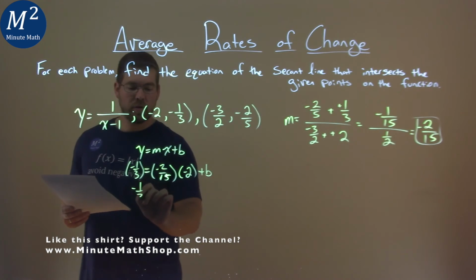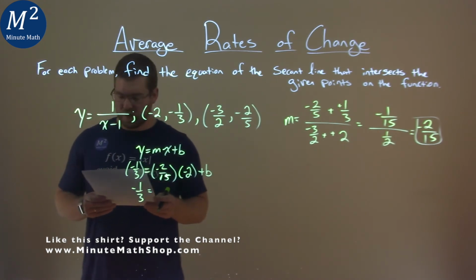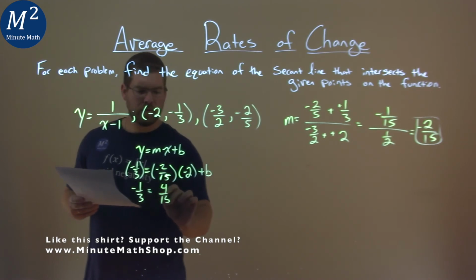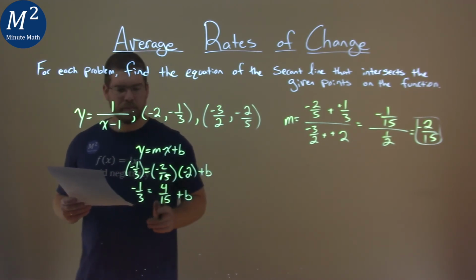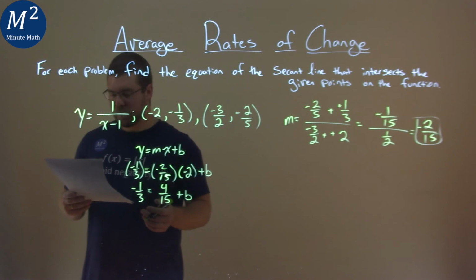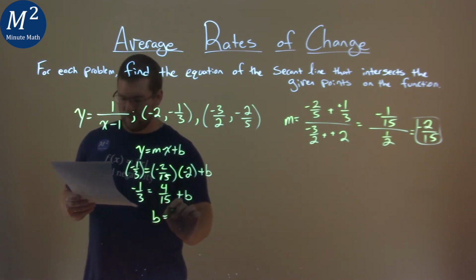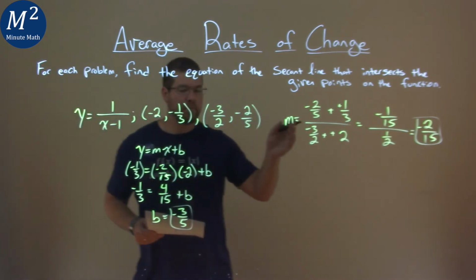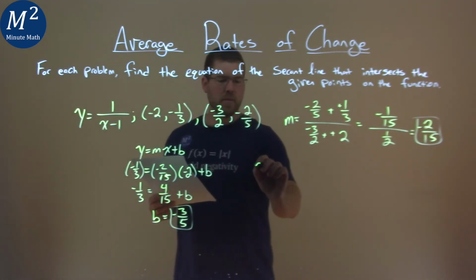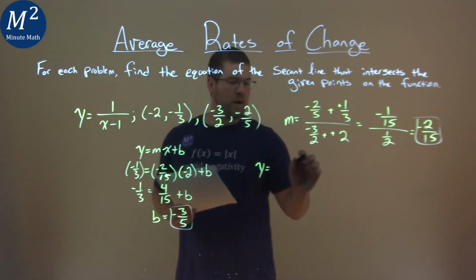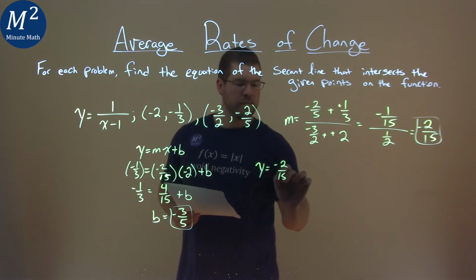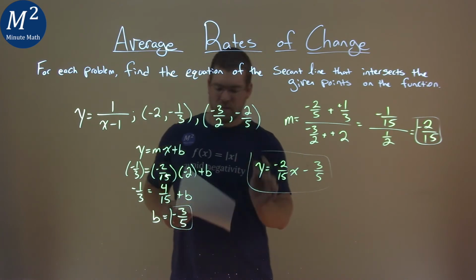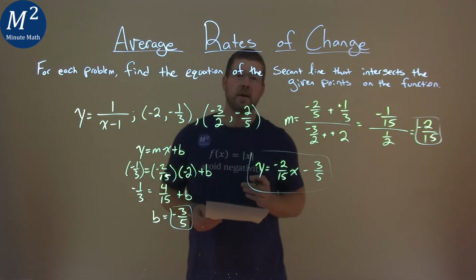We have negative 1/3 here, and negative 2 over 15 times a negative 2 is a positive 4 over 15. We add the b. We subtract 4/15 from both sides, and b is now by itself at negative 3/5. Well, we have our slope, we have our y-intercept, we can have the equation of line. y equals negative 2 over 15 x minus 3/5, and that is the equation of our secant line.